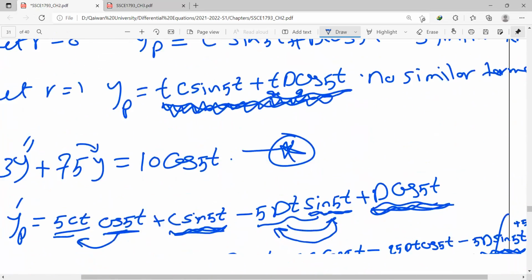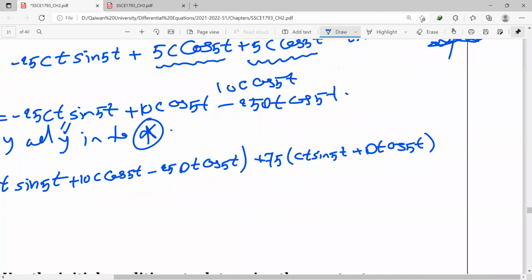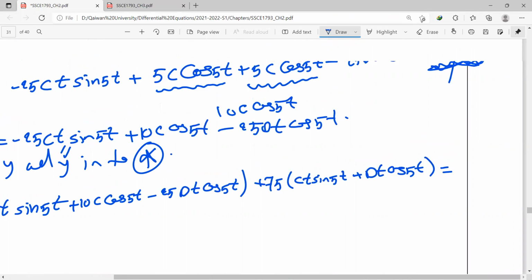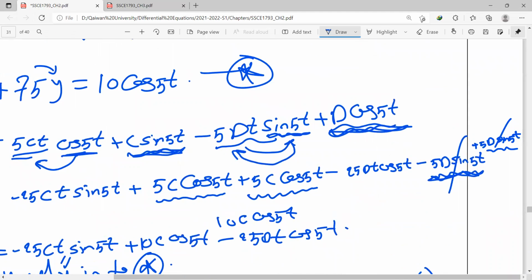Let me check if I have done the same. Okay. It equals to what? Equals to the right hand side, and the right hand side in the differential equation is 10 cosine 5t.